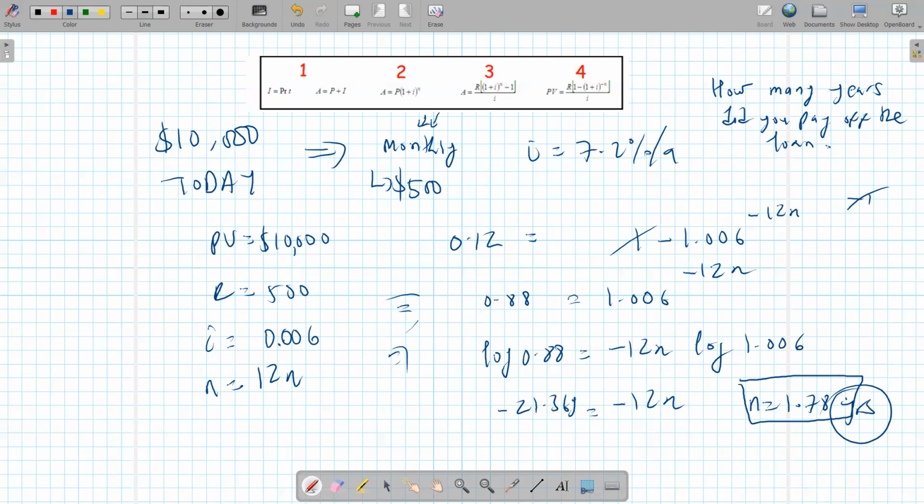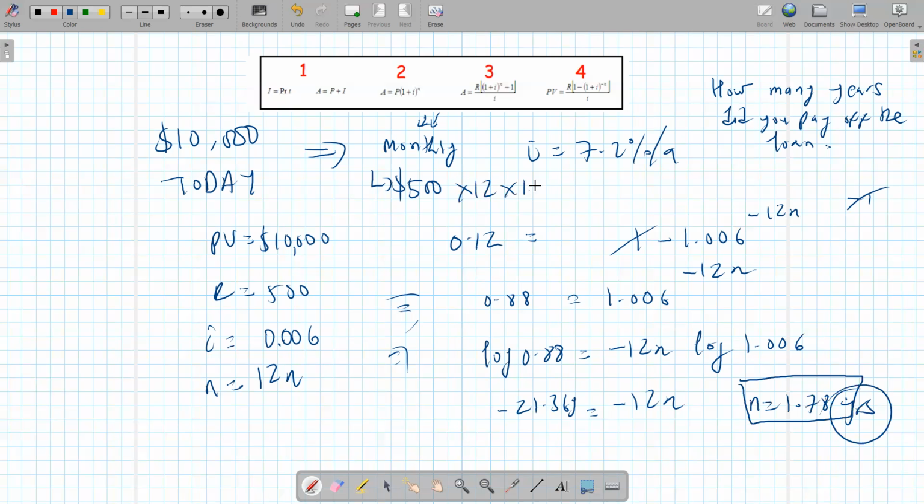How much interest did you pay them? You multiply 500 by 12 and then by 1.78.